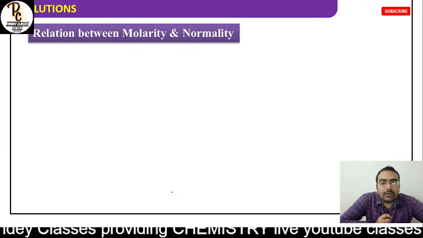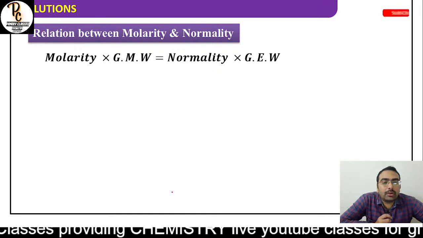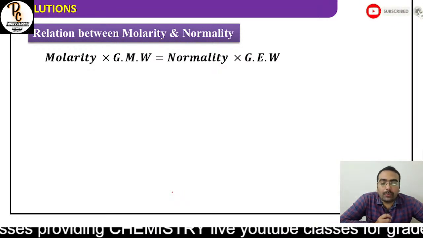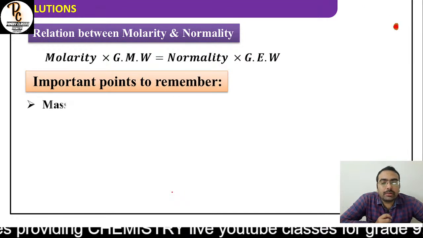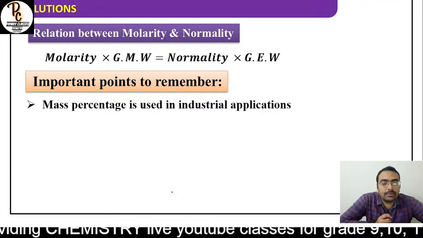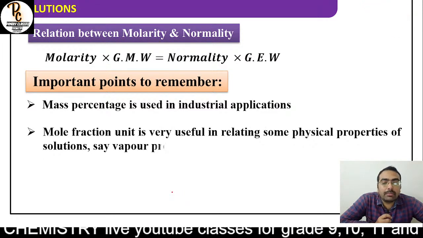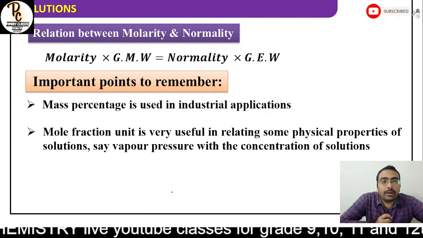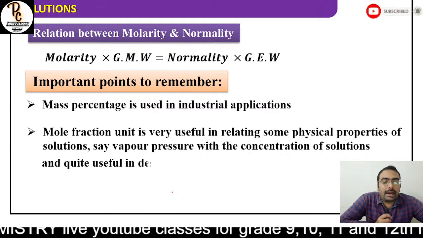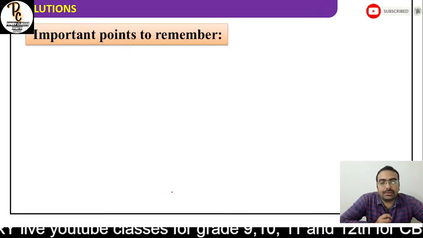Relation between molarity and normality, it's very easy. Molarity into GMW equals normality into gram equivalent weight. So important points to remember. Mass percentage is used in industrial applications. Mole fraction unit is very useful in relating some physical properties of solutions, say vapor pressure, and quite useful in describing calculations involving gas mixtures.